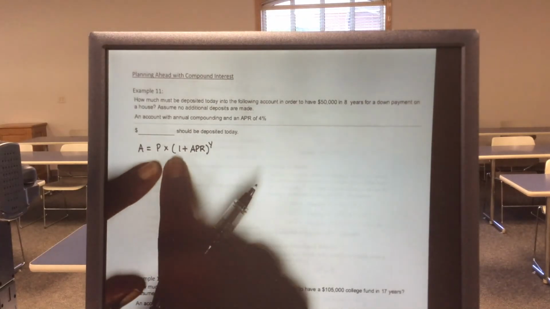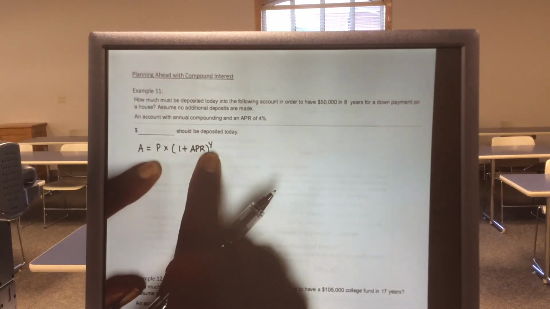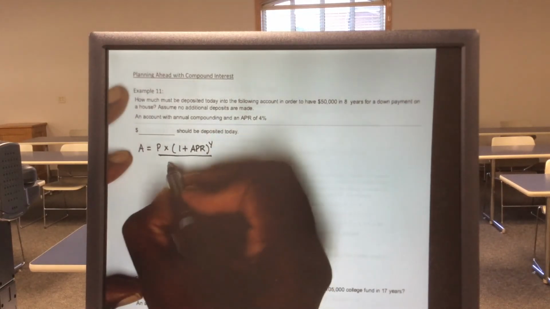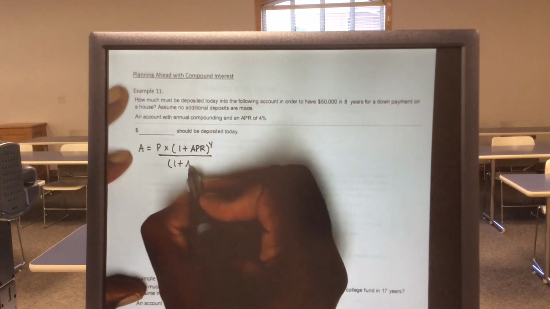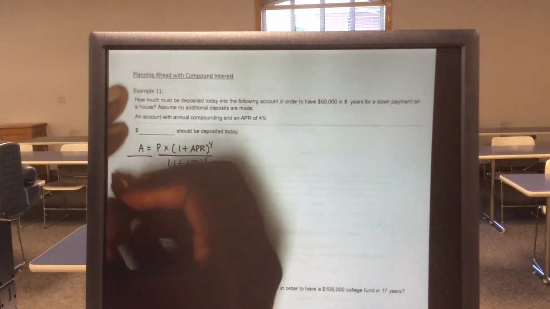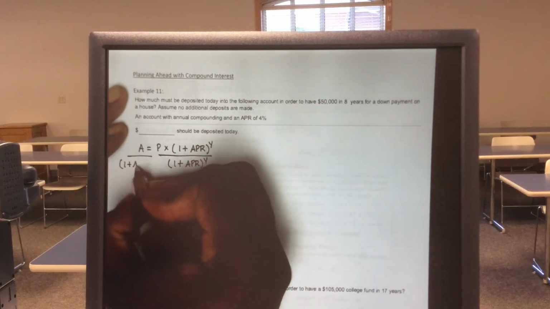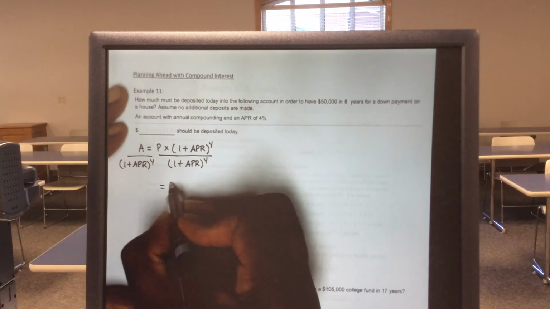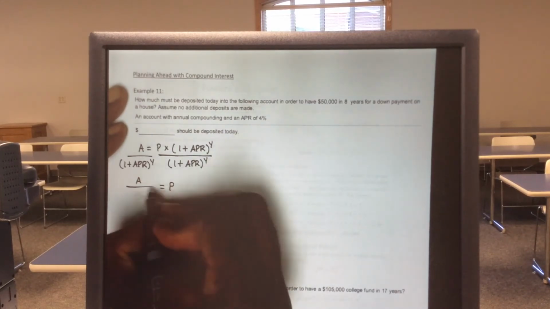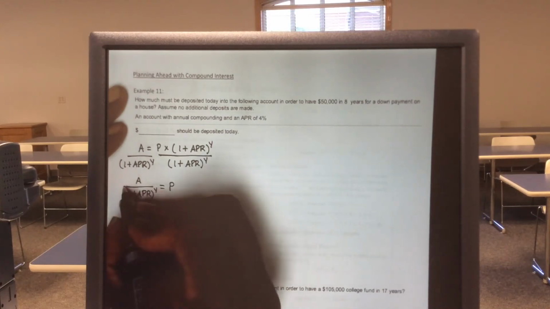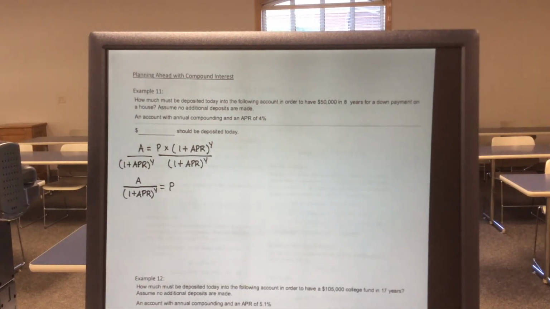It's being multiplied by that (1 plus APR) to the Y, so I'm going to divide both sides by (1 plus APR) to the Y. So this is what P is going to be equal to.